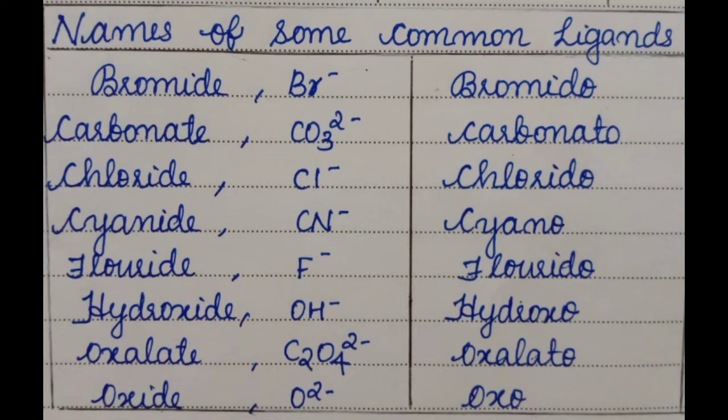Hydroxide, OH⁻, hydroxo. Oxalate, C2O4²⁻, oxalato. Oxide, O²⁻, oxo. So those names of ligands which are carrying negative charge will end up with an O sound: bromido, carbonato, chlorido, cyano, fluorido, hydroxo, oxalato, oxo, etc.